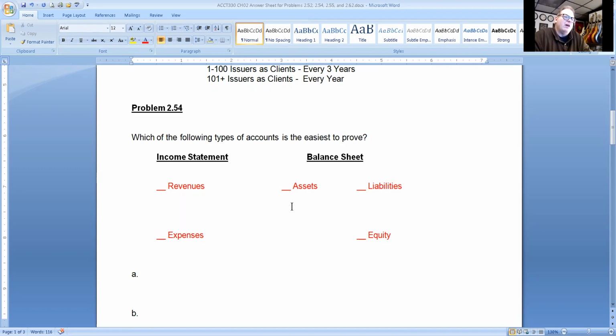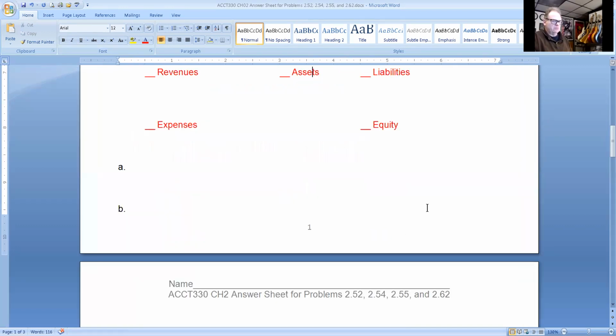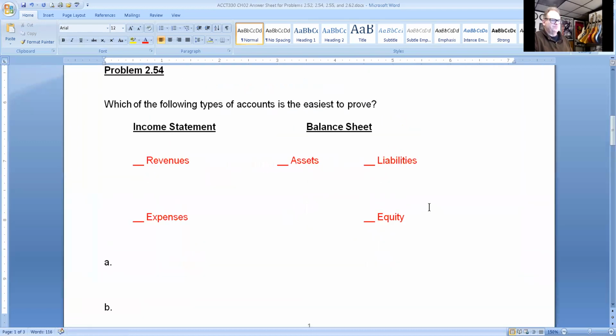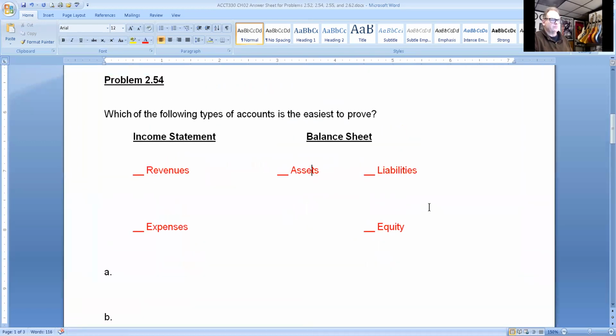All right, now of these 5 categories, which one is probably the easiest to prove? Would it be assets?